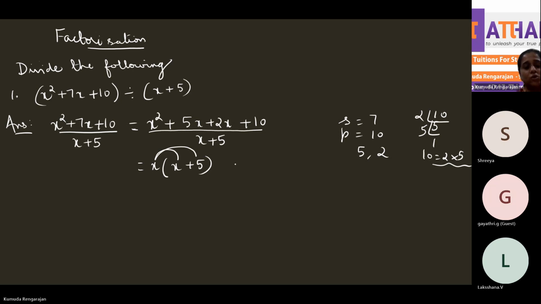Now 2 is common between the third and the fourth term, or the HCF of the third and the fourth term is 2. So plus 2. I've told you, write the sign as it is. Plus as it is. The HCF of this term and this term is 2. That becomes the common factor.